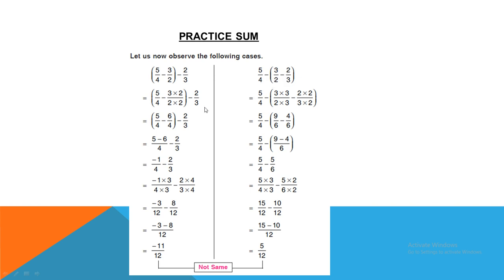Will the result come out the same? Such types of questions you find in your exam also. According to BODMAS, you have to solve the bracket first. So in the bracket you have two rational numbers, you have to simplify them. The denominators are different, make the same denominator by multiplying with 2. If the denominator is the same, 5 minus 6 will be minus 1, minus 2 by 3.